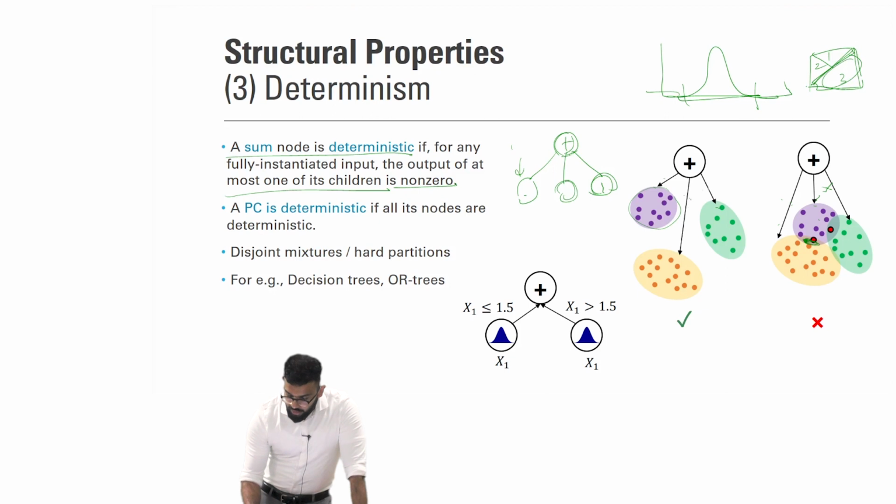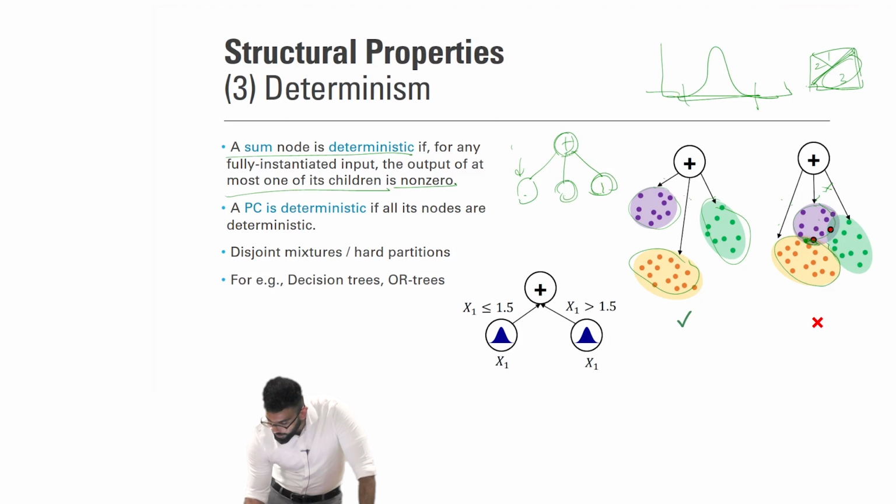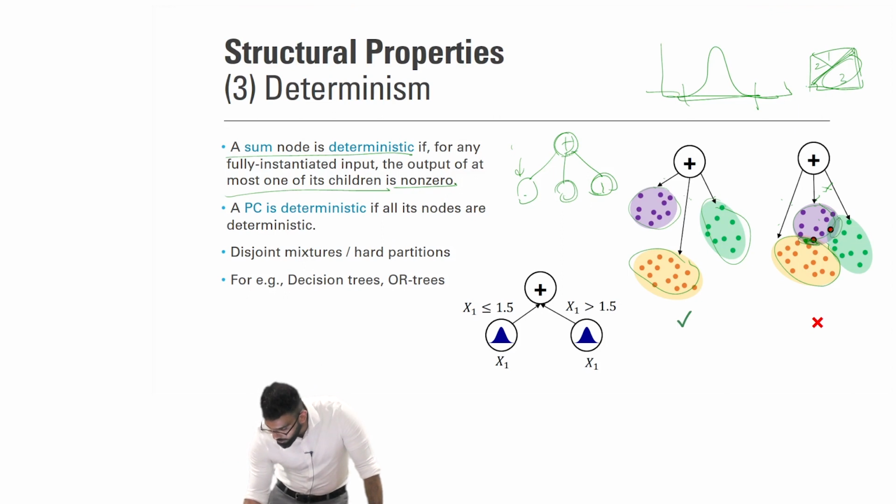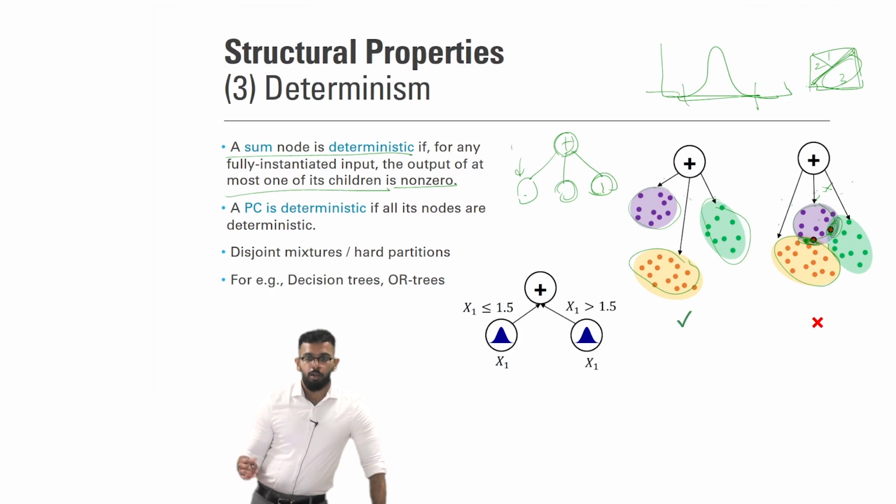So you have 3 children here. You have the support for each of these 3 children, but they are not overlapping in any way. And in this other case, you have regions in which these models overlap. So for any data point that belongs to the intersection of these regions, say here or here, multiple nodes would be non-zero. They would be outputting a probability that is non-zero, because it is included in their support.